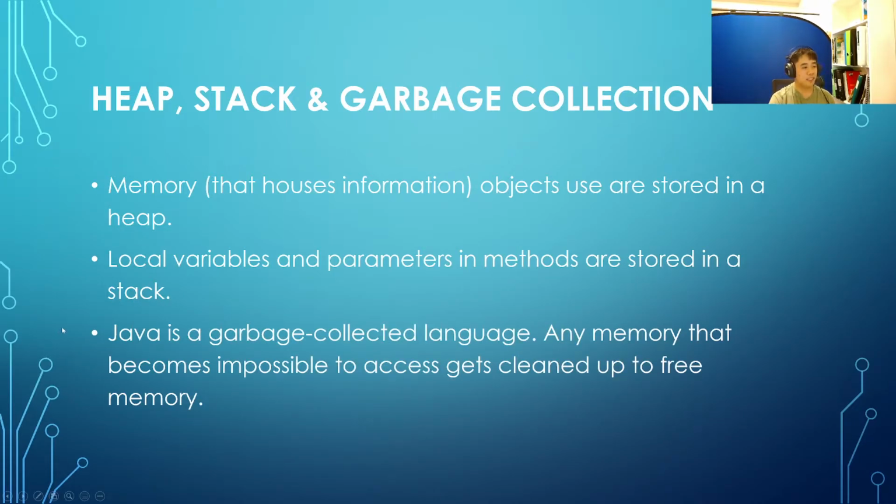Another thing is, since Java is a garbage collected language, any memory that becomes impossible to access, like, say you set a variable to another object, then that old object will be gone.